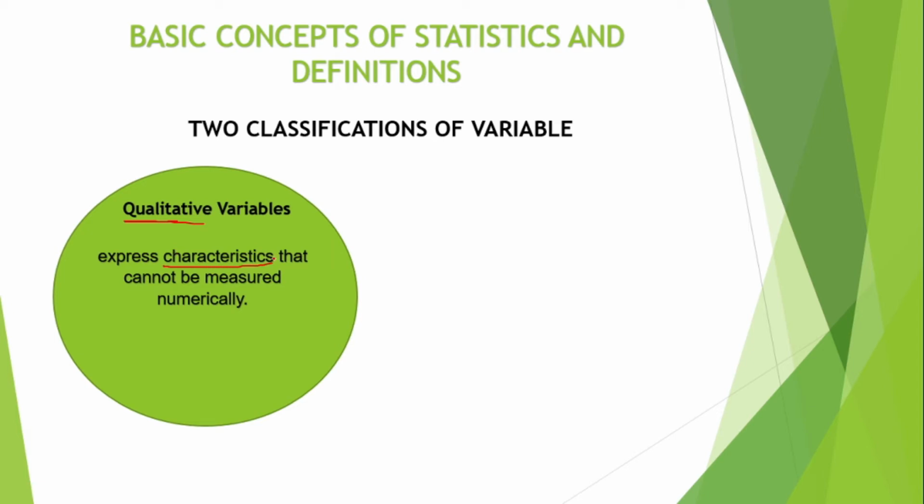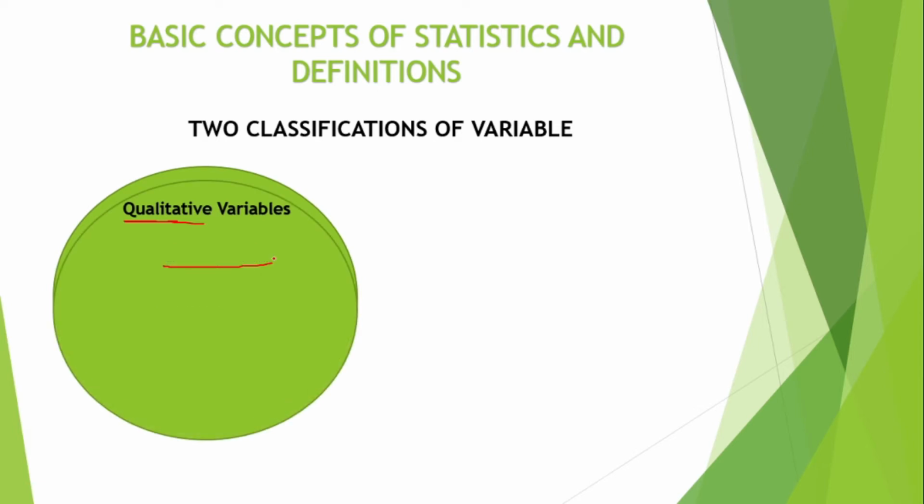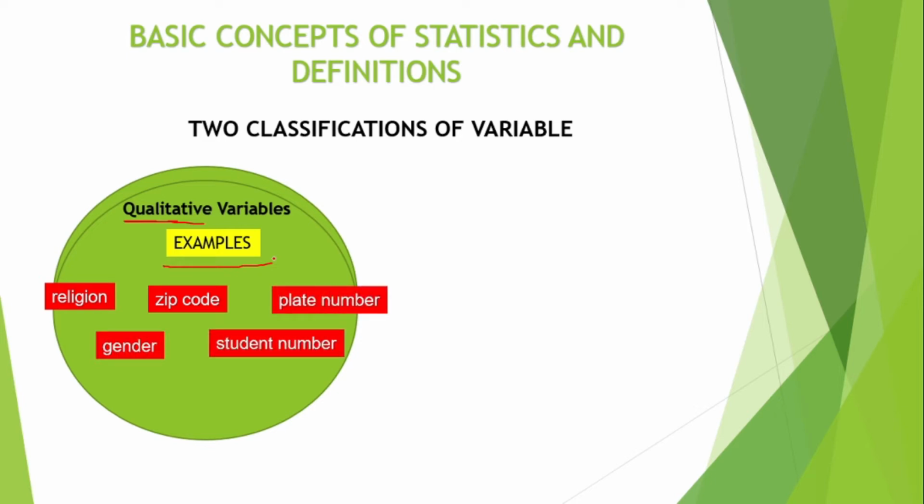Okay, so let's have some examples of qualitative variables. We have religion, zip code, gender, student number, plate number, political affiliation.